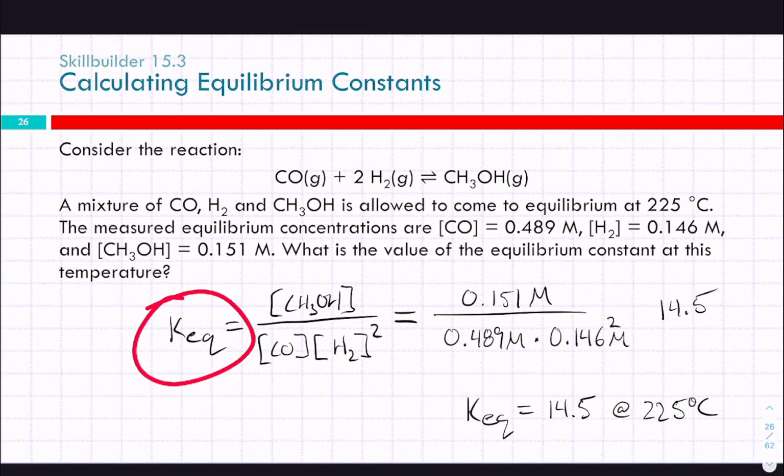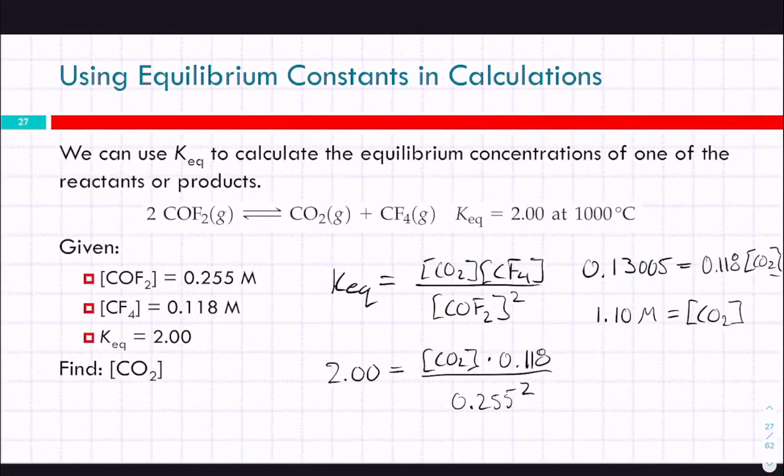So we can calculate KEQ. Remember that when we're putting together these equilibrium expressions, we only include gases and aqueous compounds, because solids and liquids don't change, because there's so much of them with respect to the gas or the liquid.